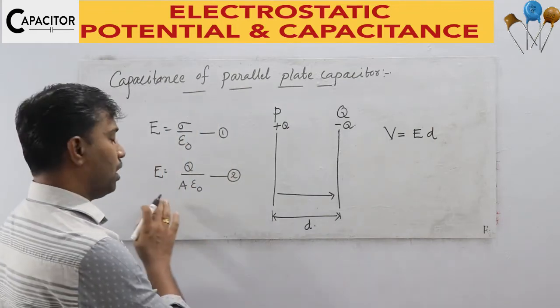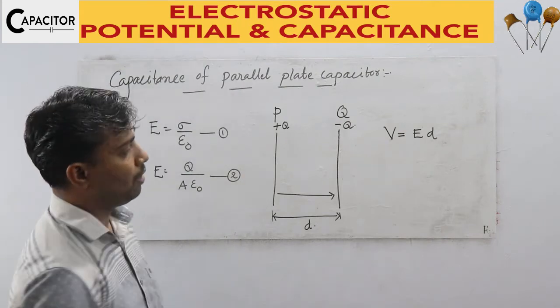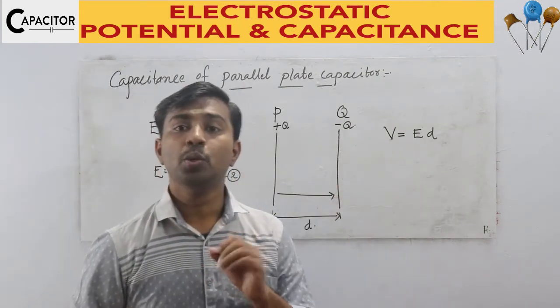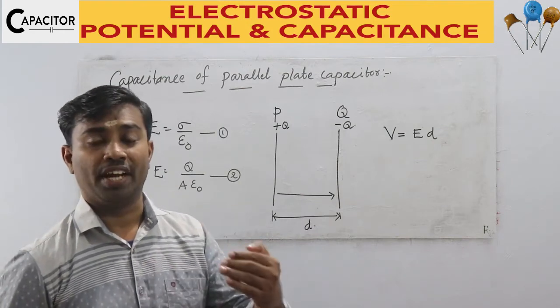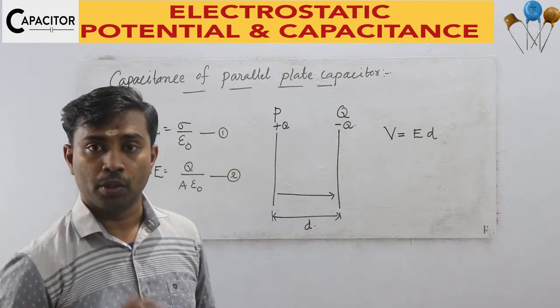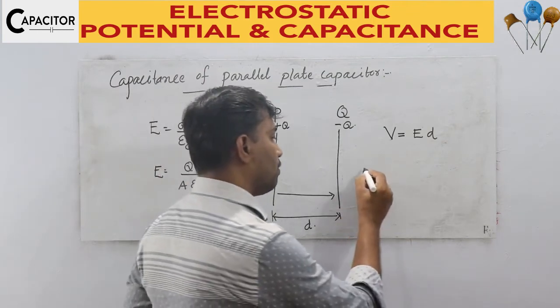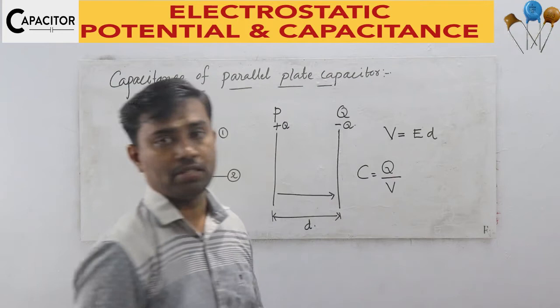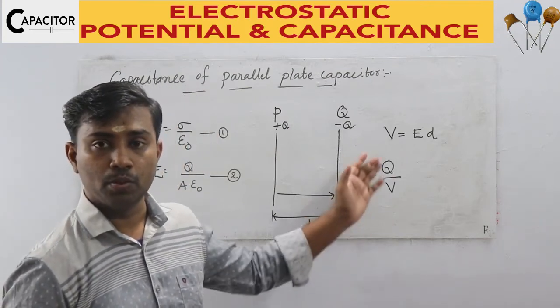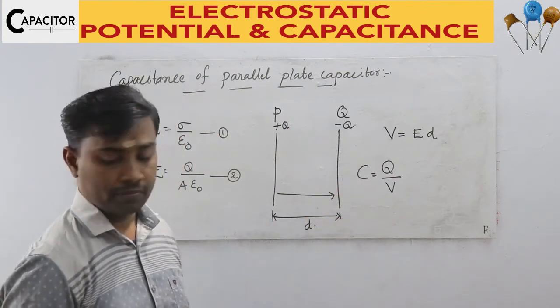So here we have the electric field and the potential, and Q is the charge of the plate. We need to find the capacitance. We know that the capacitance of a conductor is given by C is equal to Q by V. Is it clear?